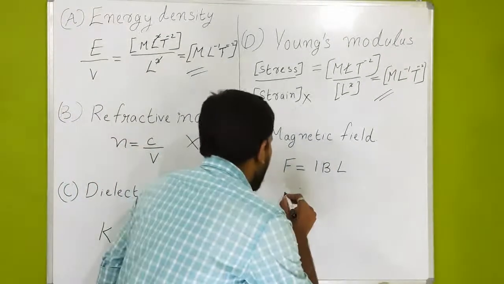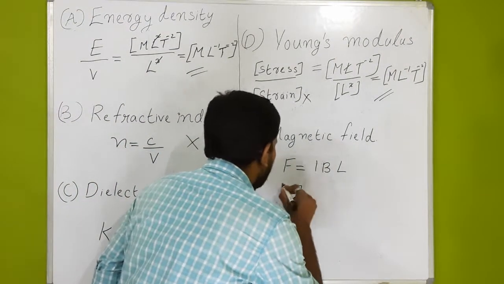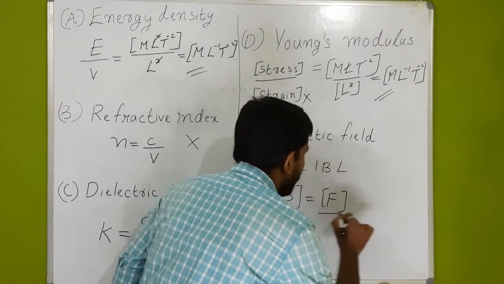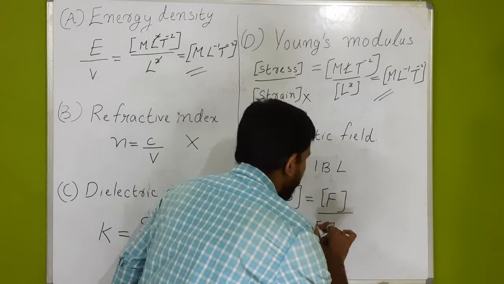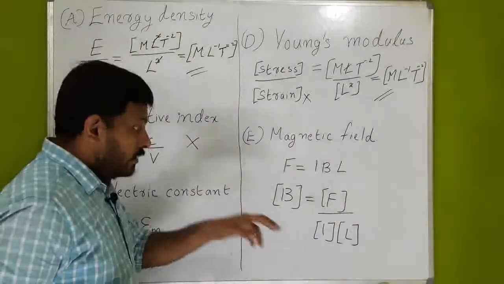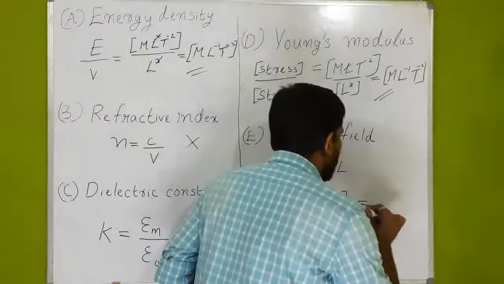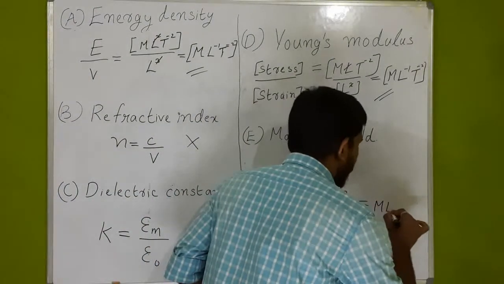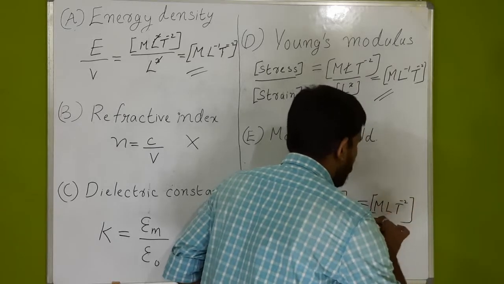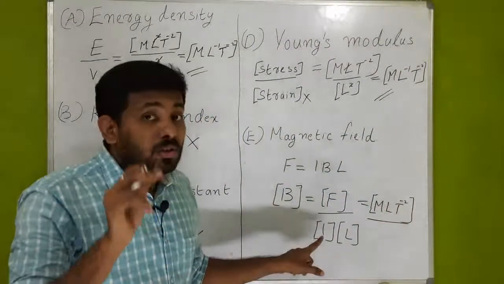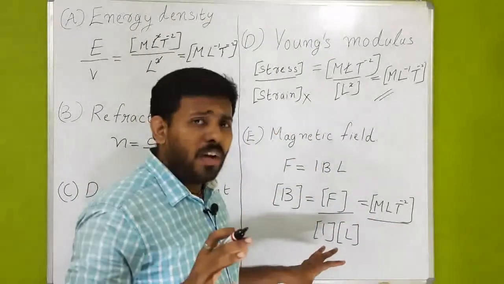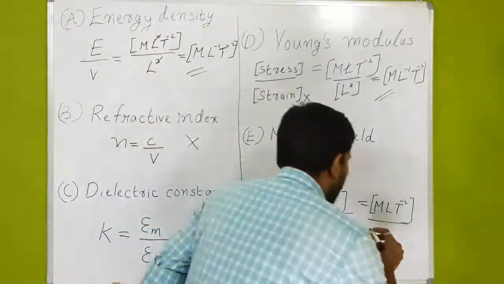So the dimension of magnetic field is equal to the dimension of force divided by dimension of current into dimension of length. So the dimension of force is mass times acceleration. The dimension of current is denoted with I. Sometimes it is denoted with I, or it is denoted with A.